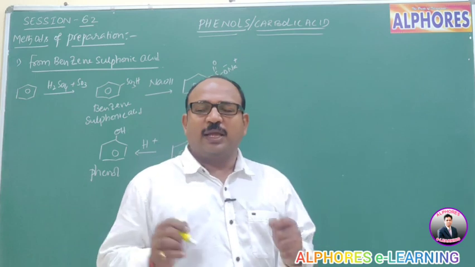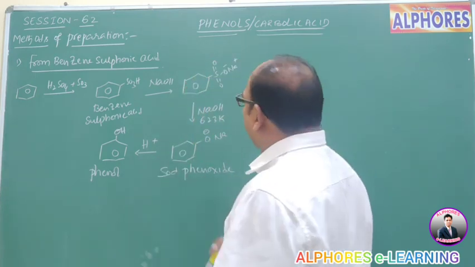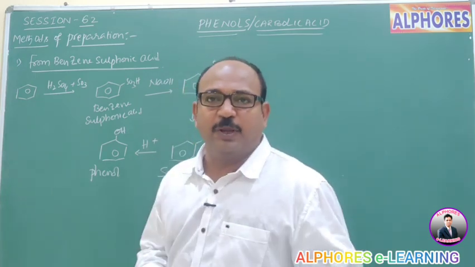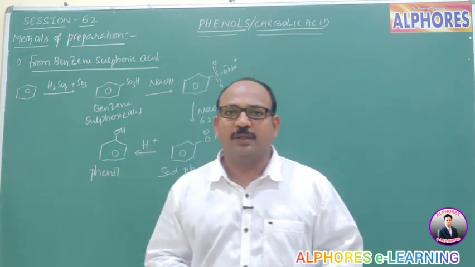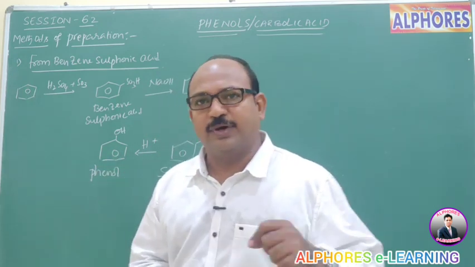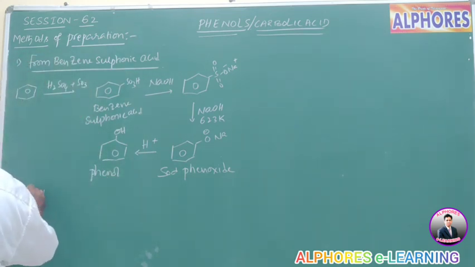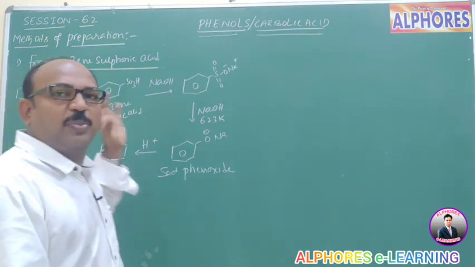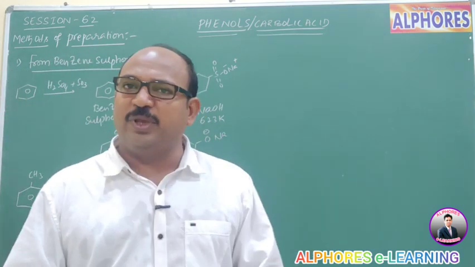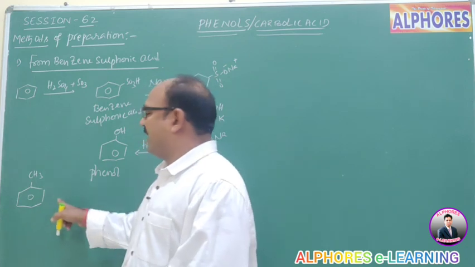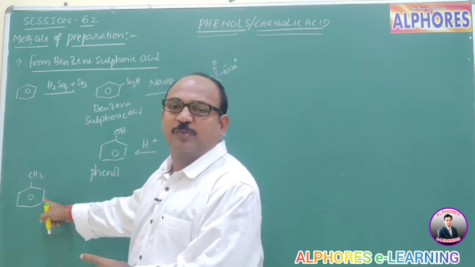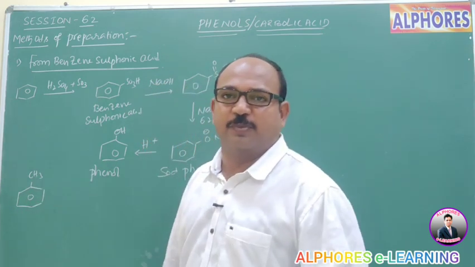Now in this method I want to prepare paracresol. For that we have to consider toluene. Toluene upon reaction with fuming sulfuric acid gives the sulfonation product, with the para position as the major product.